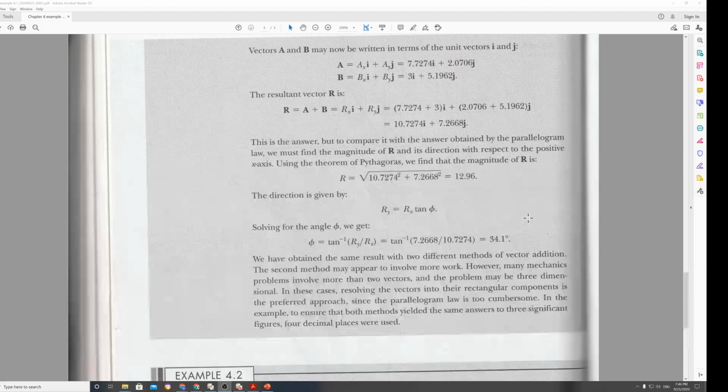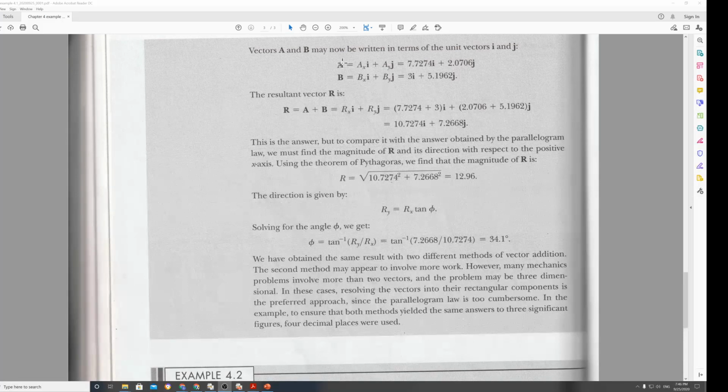Now, you might think, what if I had to add 3 vectors or 4 vectors or more? With the parallelogram approach, you can only do 2 at a time. So you'd have to do 2, come up with a result, and then do that resultant with another vector and do it again. It really can get cumbersome as the number of vectors increases.